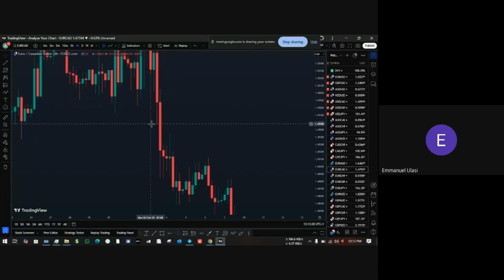If you look closely, you can see that we have a gap between this wick and this wick. That gap is what we refer to as a fair value gap. Had the wick of this candle got to this area, which is the wick of the first candle, we would not have that. But because of this gap here, we have a fair value gap.